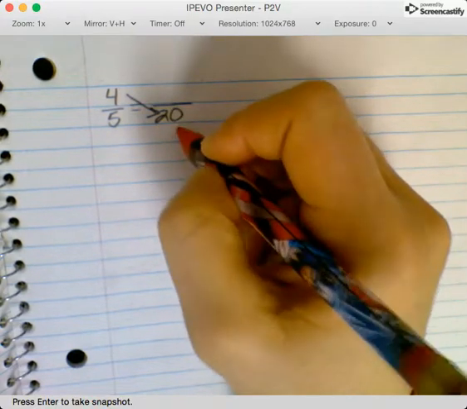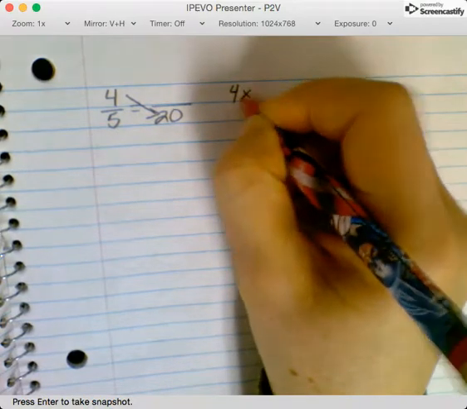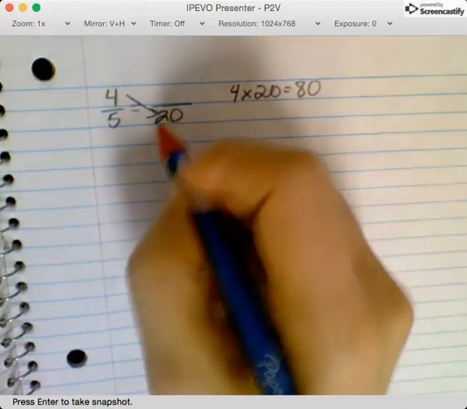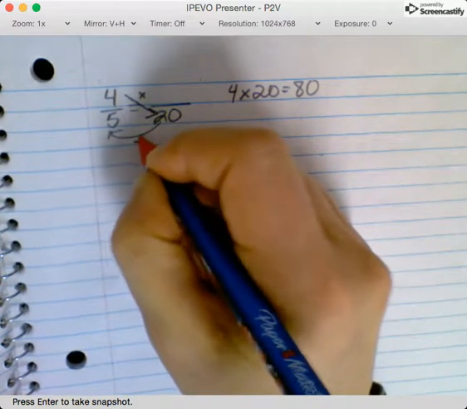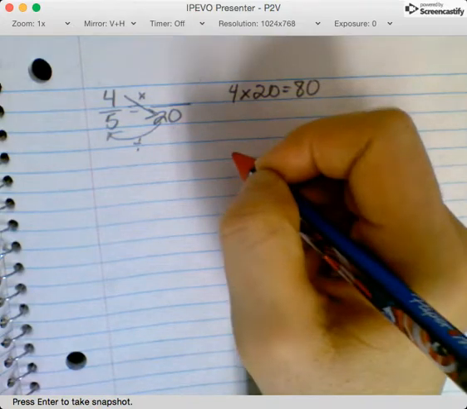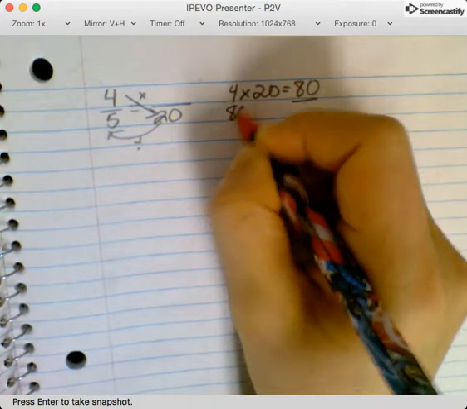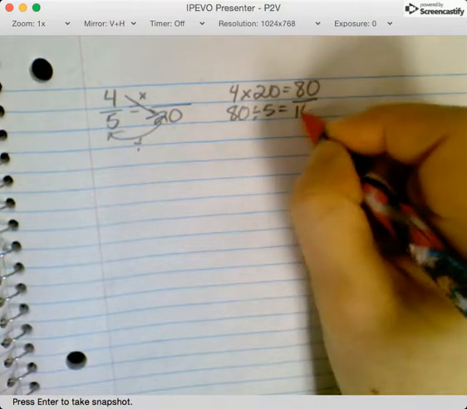So you would multiply your 4 times your 20. And then you divide by the other number. So you multiply here, you divide by the other number. You divide your answer, which is 80, by 5, and you should get 16.